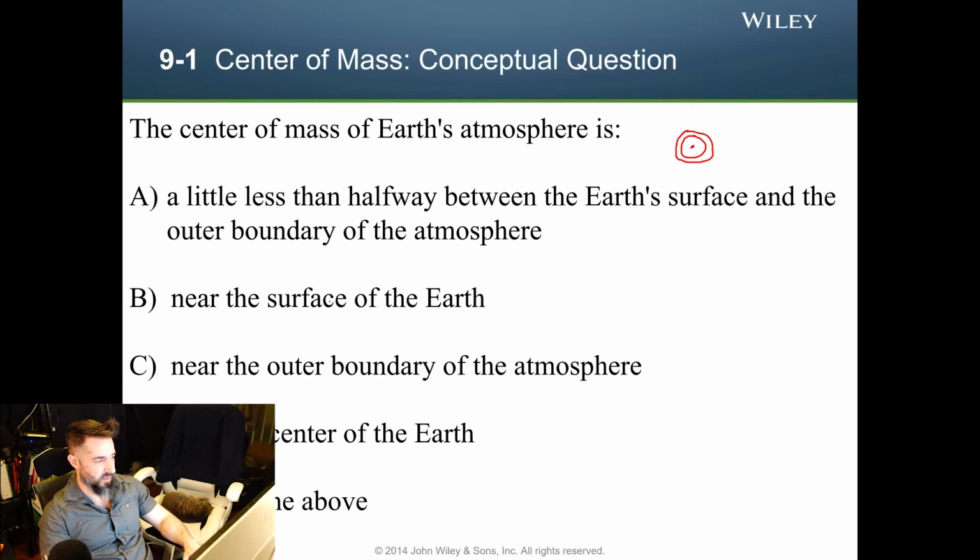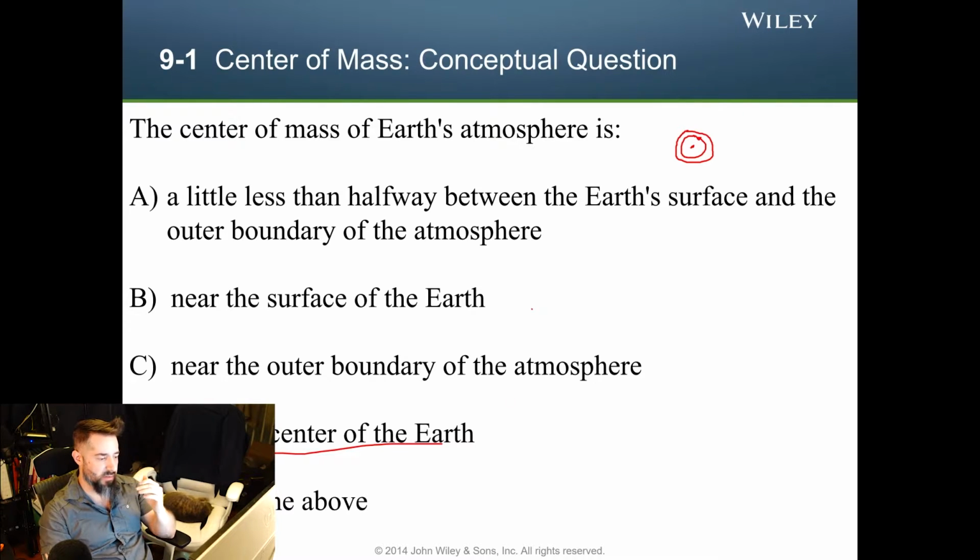So this doesn't make any sense. Near the surface of the Earth, again, that would be like an asymmetrical point. It doesn't make sense. Near the outer boundary of the atmosphere, again, some weird non-symmetrical point, doesn't make sense.